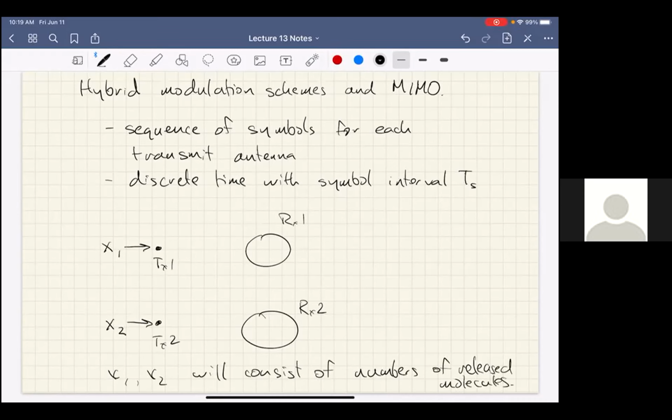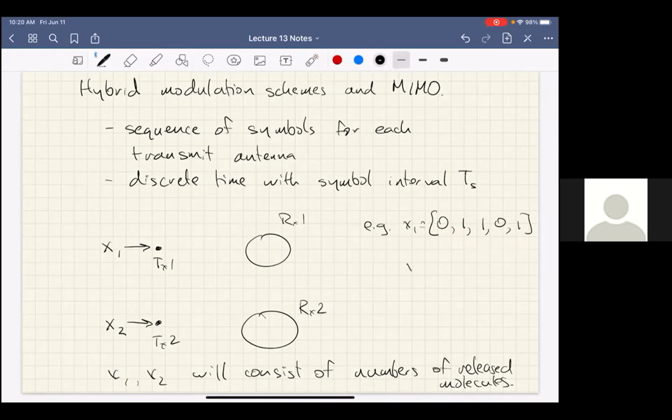So in other words, let's say, for example, X1 is equal to 0, 1, 1, 0, 1. What that would mean is that in the first symbol interval, we send no molecules. At the beginning of the second one, we send 1. At the beginning of the third one, we send 1. At the beginning of the fourth one, we send 0. At the beginning of the fifth one, we send 1.